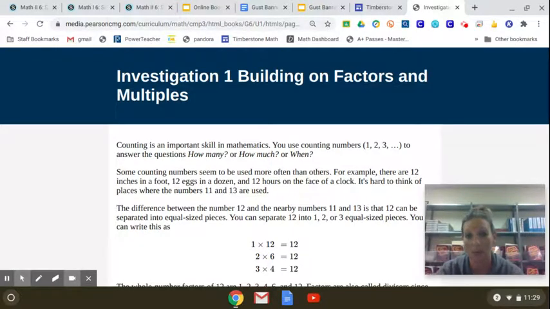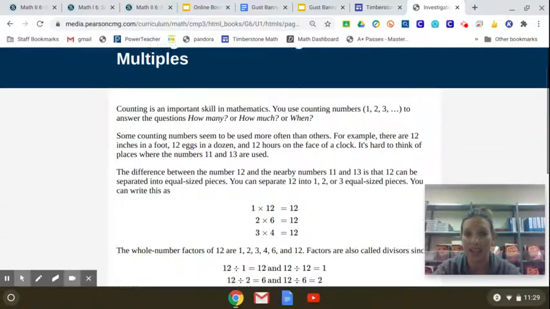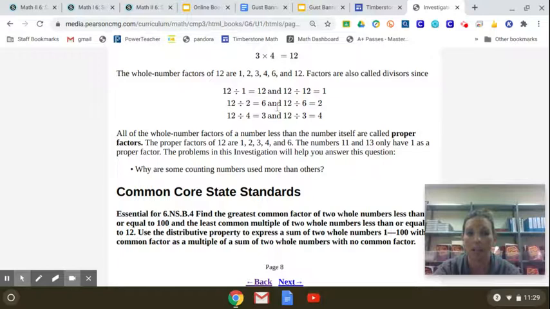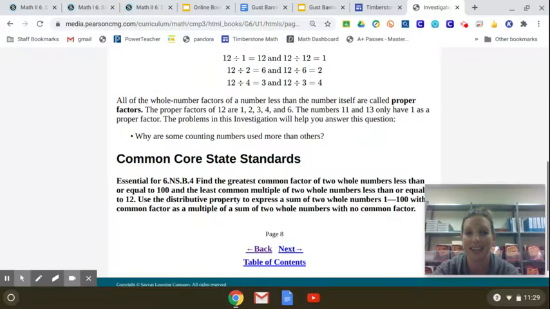So this is 1.1, and you can see that it is going over what we're going to be talking about with factors and proper factors. And then at the very bottom of the page, which I think is pretty cool, again, it lists the Common Core standards that we're going to be talking about for that investigation. Also, in the very back of your book, you do have a glossary.